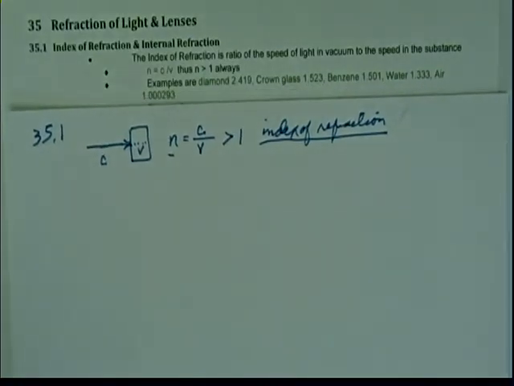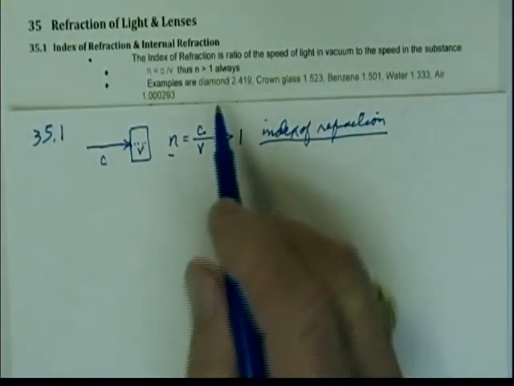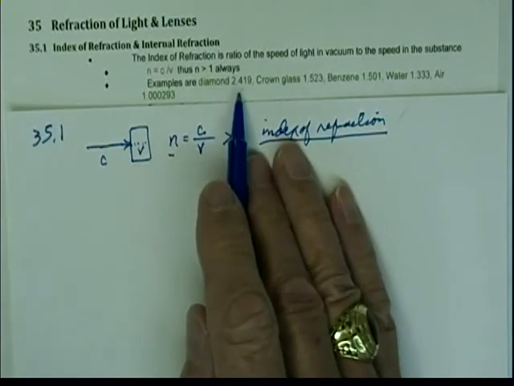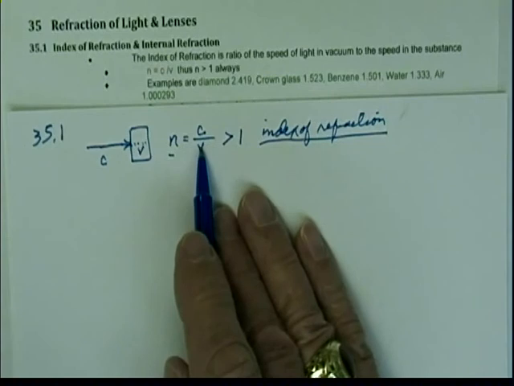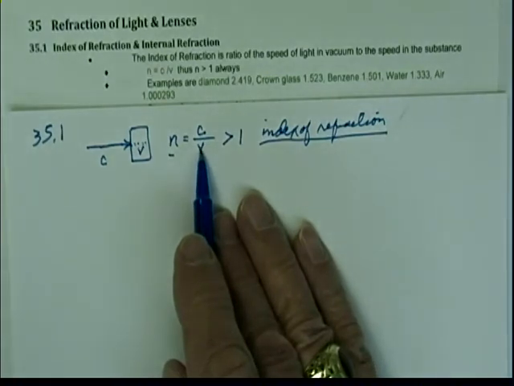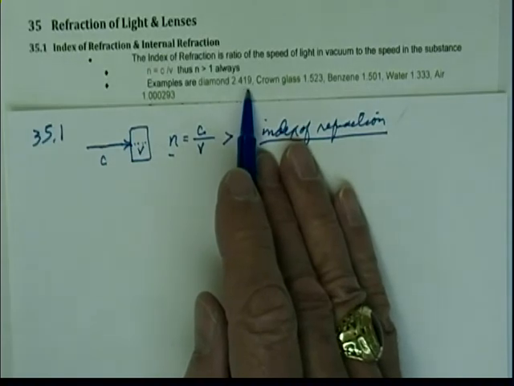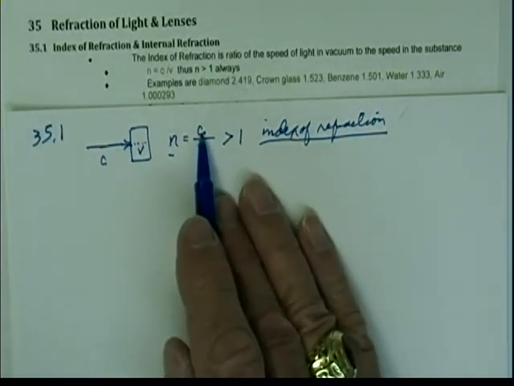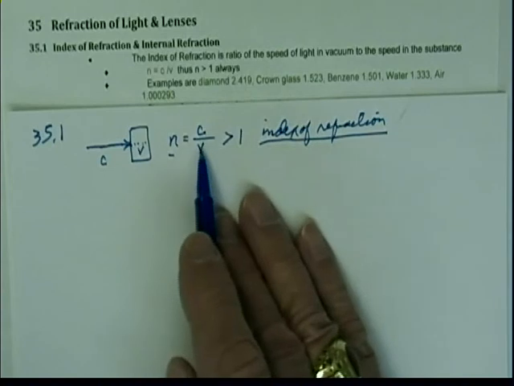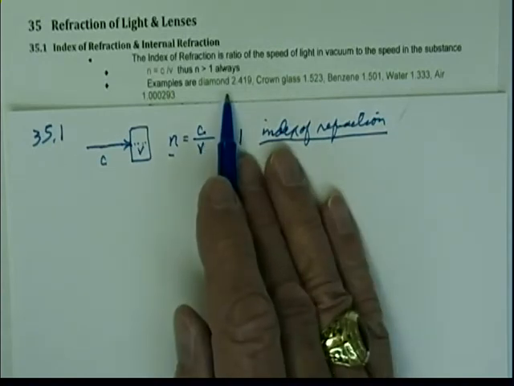And let's look at some examples of different transparent substances. If we look at diamond, it has a very, very large value of N, which means the velocity of light in diamond is very slow: 2.419. So light is going in a vacuum almost 2.5 times as fast as it moves in a diamond.